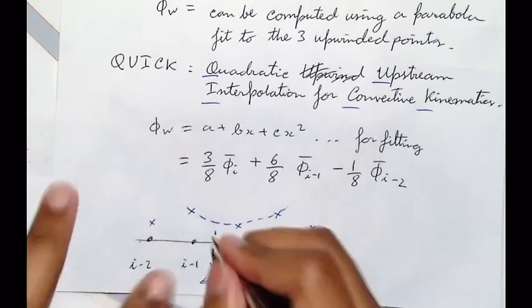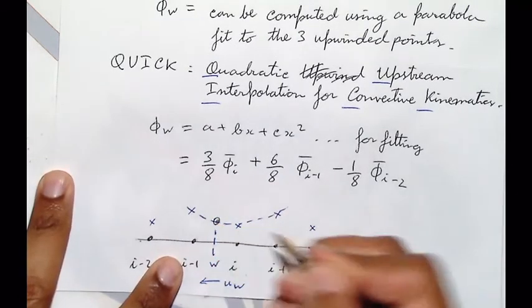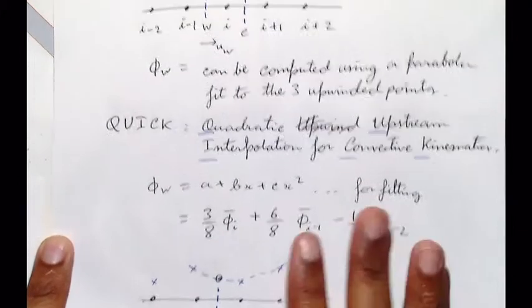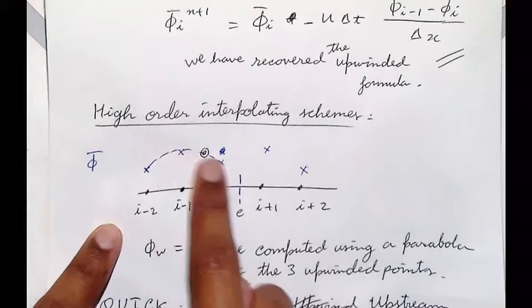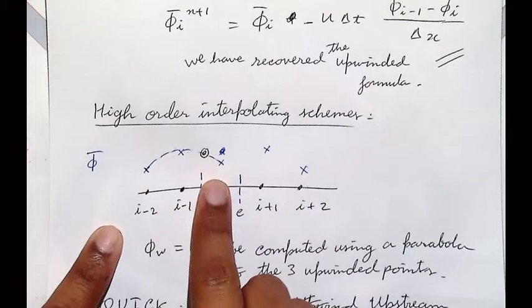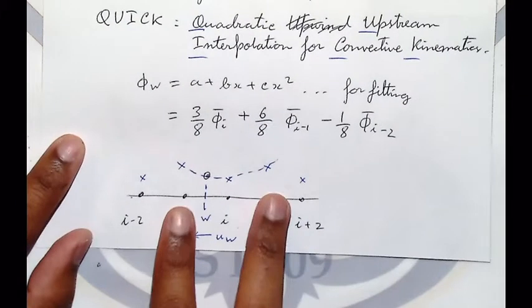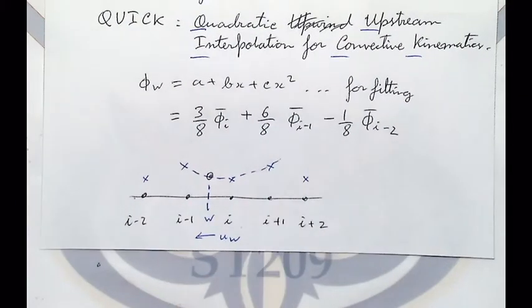And this would be our required value. Okay, so see, the x's are at the same locations as before, but our parabola has changed from the left biased parabola to the right biased parabola. And that's all the QUICK scheme does. You just keep checking the sign of your current u, and then you use the correct stencil. Done. Okay?